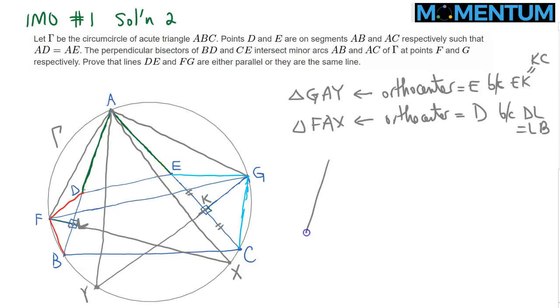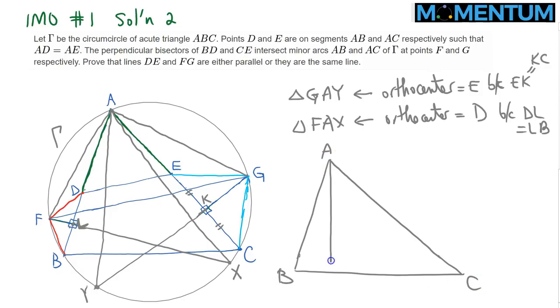This one requires a little bit of bashing, so let's quickly do it. Consider a triangle ABC, just a generic triangle. Whenever you drop the perpendicular here, call this D, somewhere here is your point H, the orthocenter.